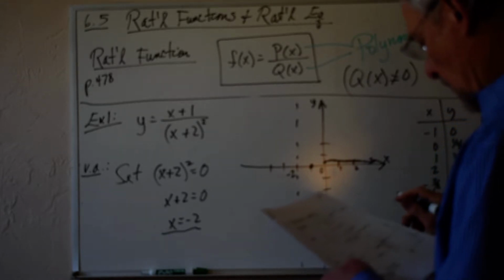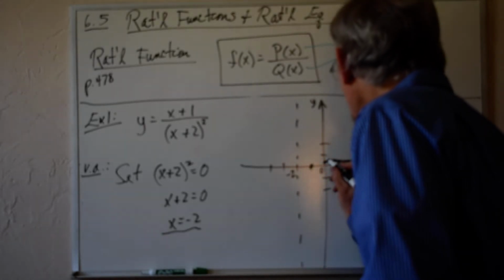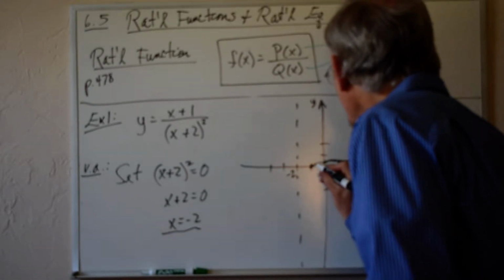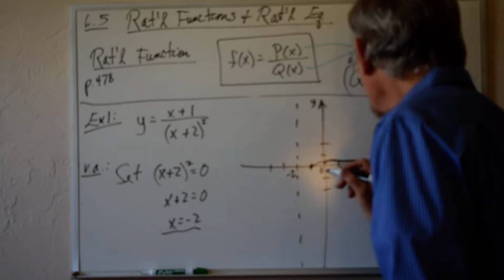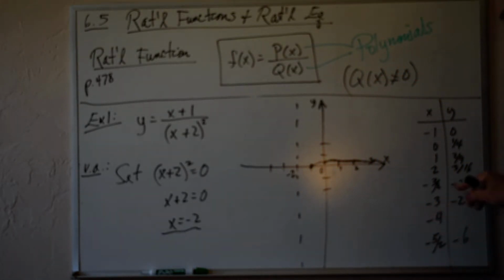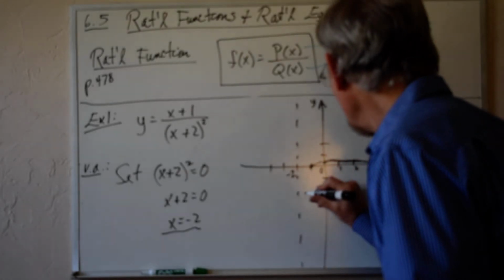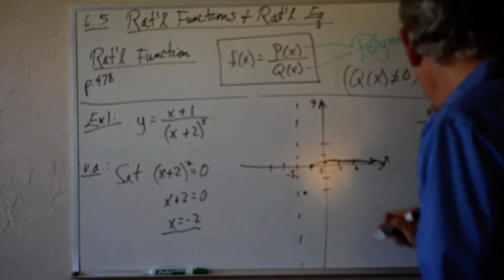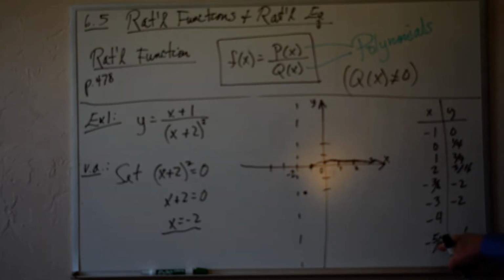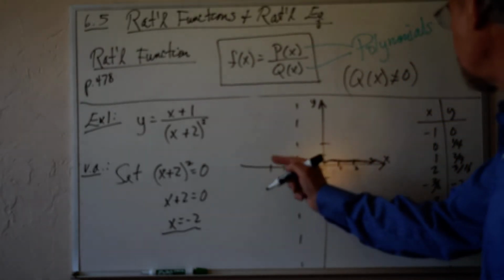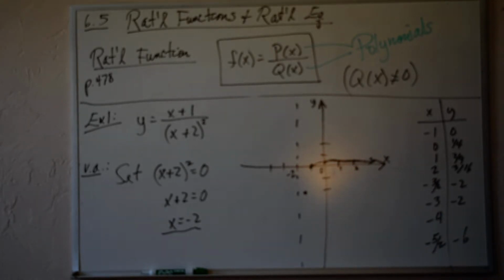Now here, it's going to continue on and go through the x-axis right there. If I plot these points, -3/2, -2 would be there. -5/2, well, that's on the other side of the x-axis.